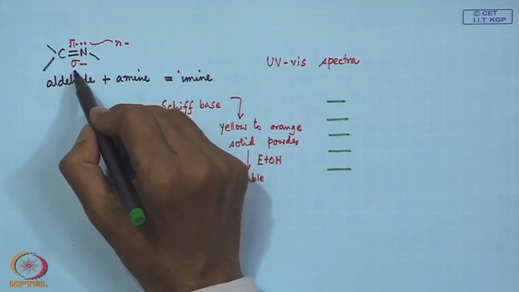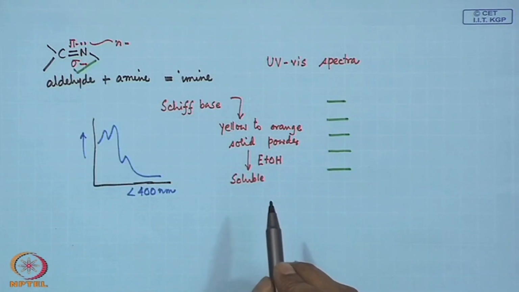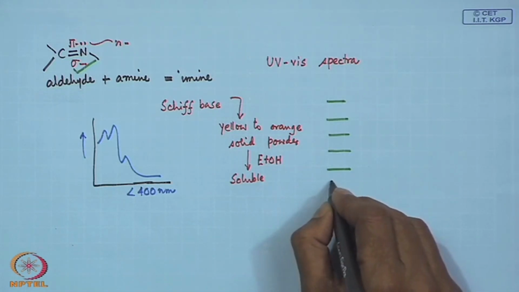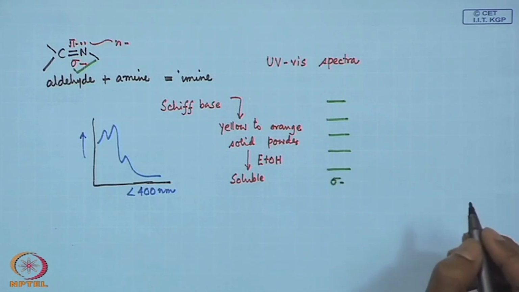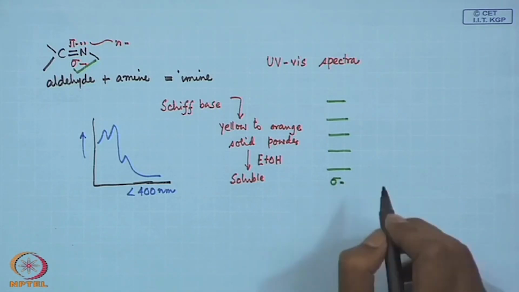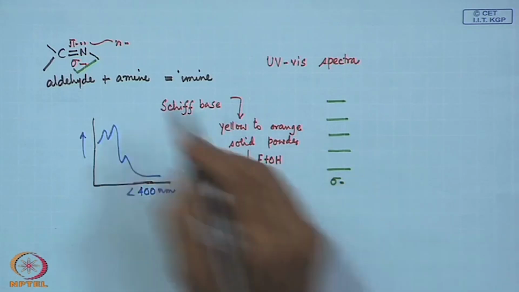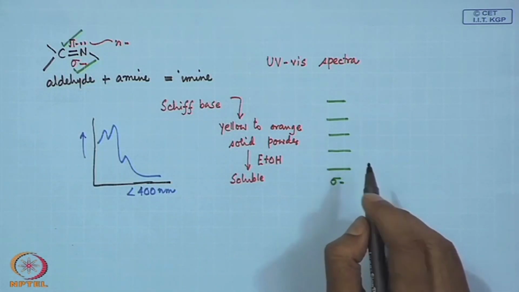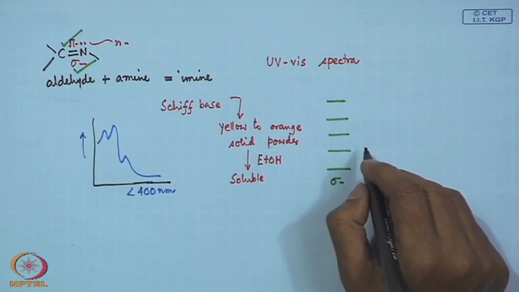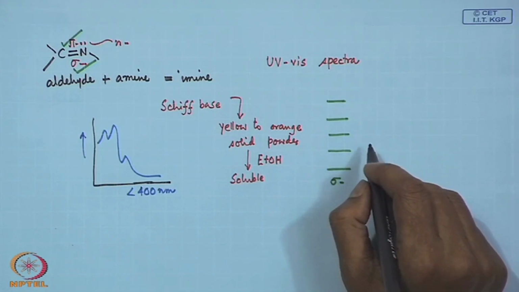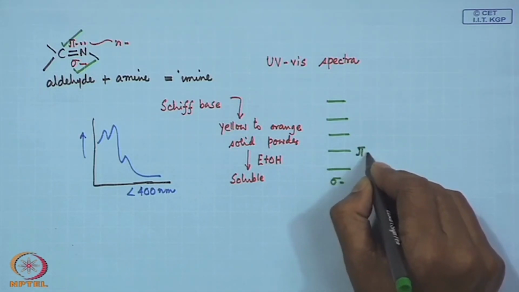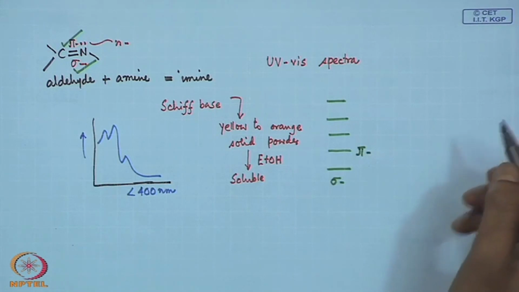So, when we have these sigma bonding interactions for these atomic orbitals of the carbon atom and the nitrogen atom, we have the corresponding sigma bonding level with those electrons which are occupying the sigma level. Then we have the corresponding pi electrons for a little bit weaker interactions between the corresponding pi symmetric orbitals available from the carbon side as well as from the nitrogen side, giving rise to the corresponding pi level.